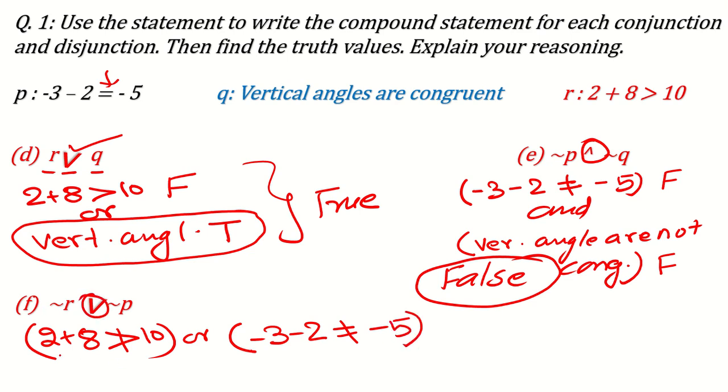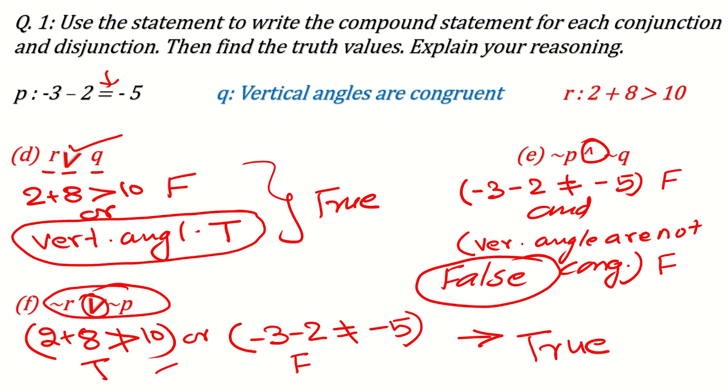Yes. So see, first statement, 2 plus 8 is less than or equal to 10, not greater than. Yes, so this is true. And minus 3 minus 2 is not equal to minus 5, it is false. So the total truth value of the statement will be true. Why? Because one statement is true for disjunction.